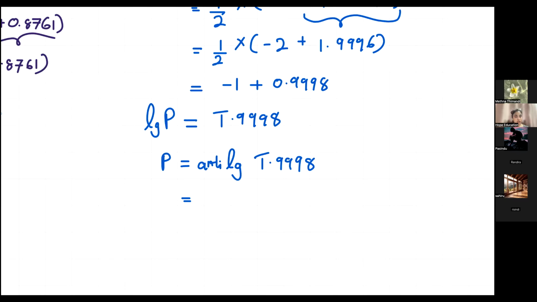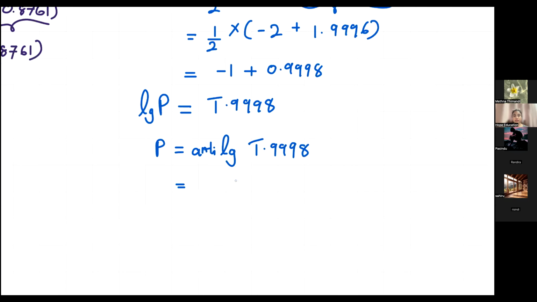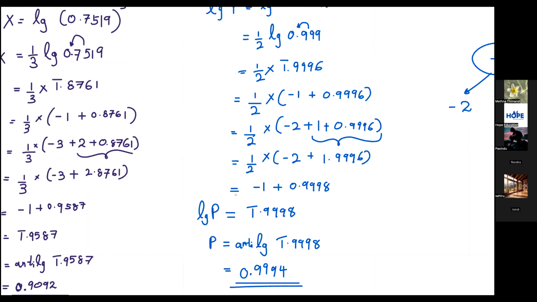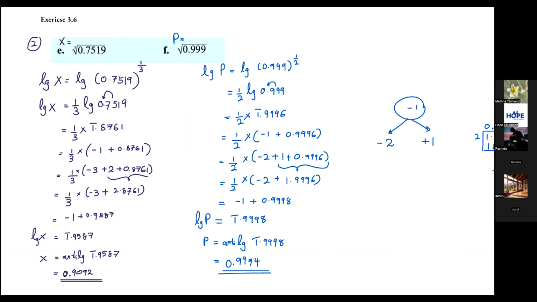One second. 9998. That will be 9994. Yes, that's right. 9994, we go one place forward and put the decimal place, so it's 0 point 0.9994. Is this clear to all of you? Please give me a thumbs up if this is clear.